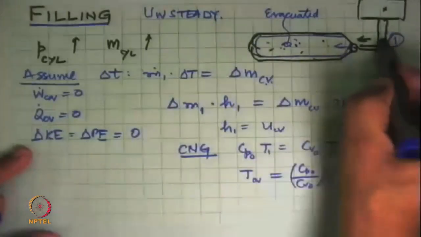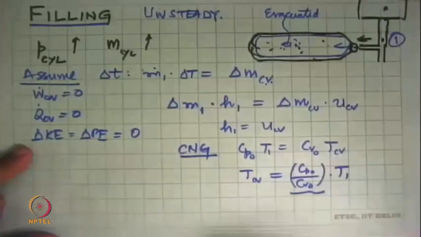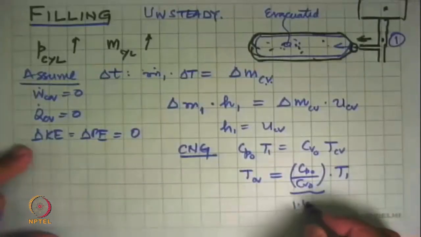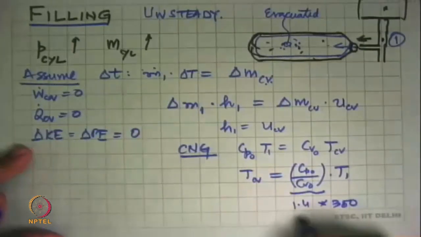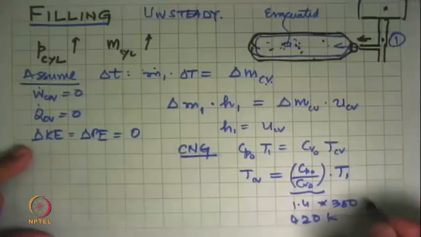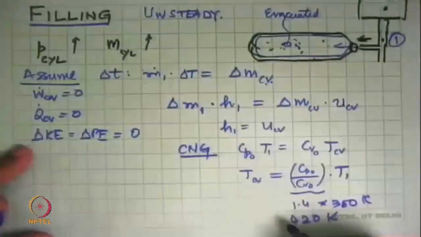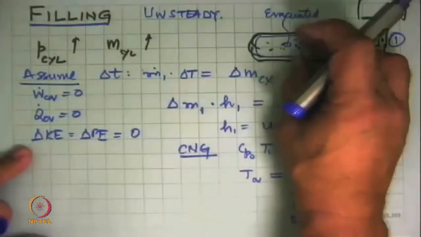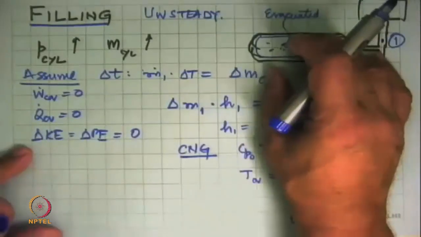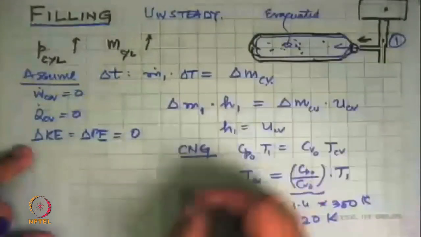If this is ambient temperature, it means that this gas here will increase by 1.4 times the absolute value. So this becomes 1.4 into say 300, and that becomes 420 Kelvin approximately. So the temperature of the gas in the cylinder increases, and if you actually touch the cylinder after filling is done, you'll find that it is quite hot. You can't touch it.